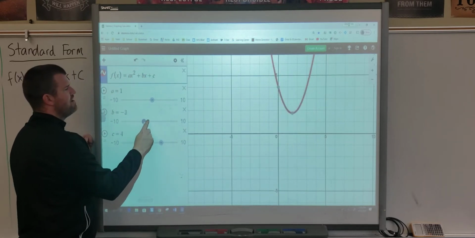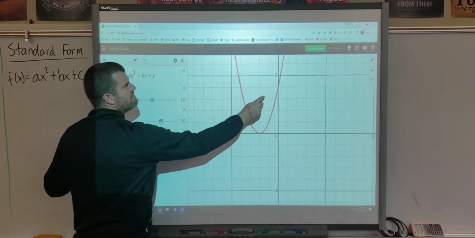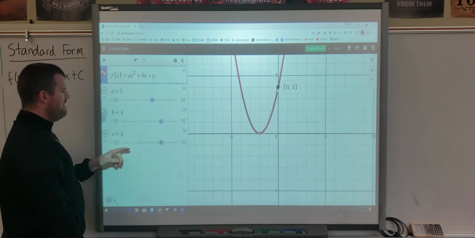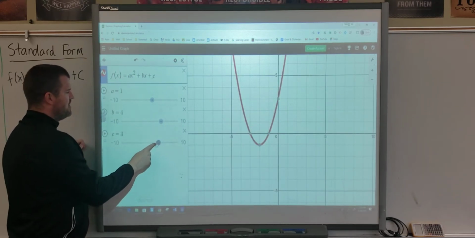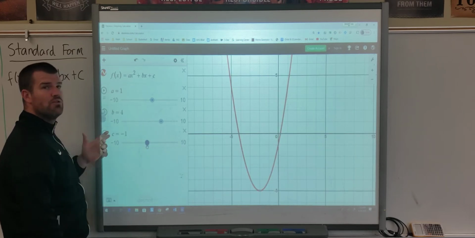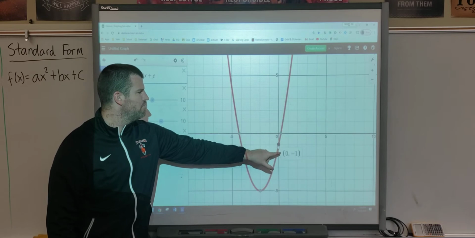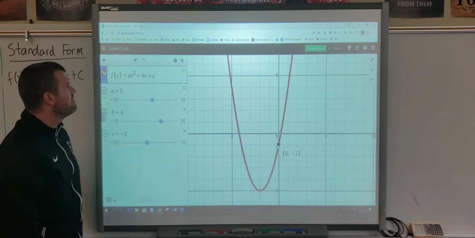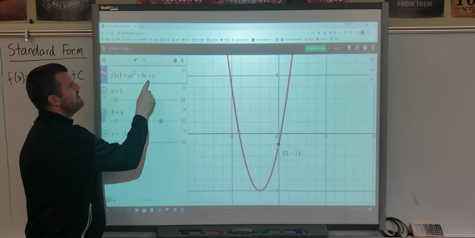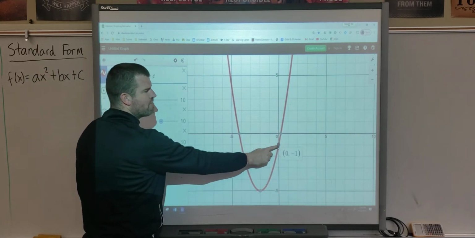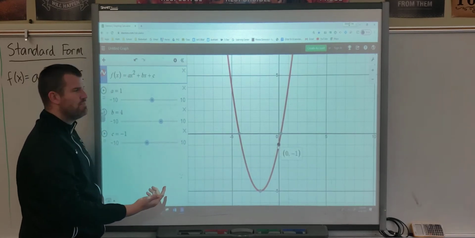If I change my b to something else, my y-intercept is still 4. If I change my c to negative 1, where's my y-intercept? It's at negative 1. So the point that I'm trying to make is whatever we put as our c value, that will always be our y-intercept.